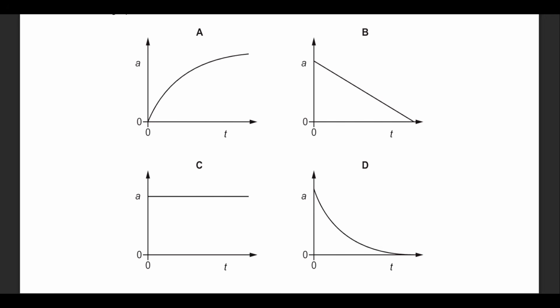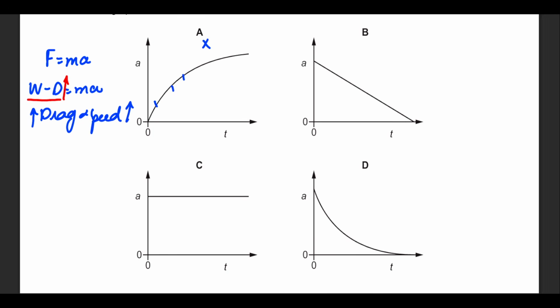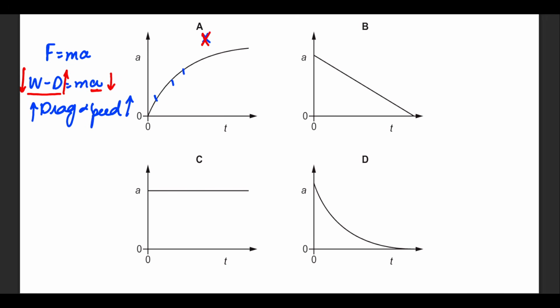Now in this case, he suggests that the acceleration is increasing, which is false, because according to F equals ma, weight minus drag equals ma. Drag is dependent on the speed of the object. As the speed increases because it's falling down, the drag increases, reducing the resultant overall. If drag increases, the whole resultant decreases, leaving us with smaller acceleration. So it should reduce with time. So option A is false. Option C is also wrong because it suggests constant acceleration.